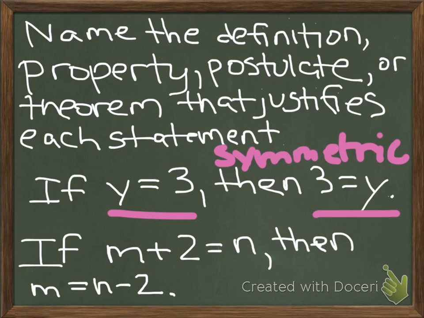And then the next problem, you start with m plus 2 equals n, and then you have m equals n minus 2. So if you think about trying to get m by itself here, what did they have to do? They had to subtract by 2. So this is the subtraction property.